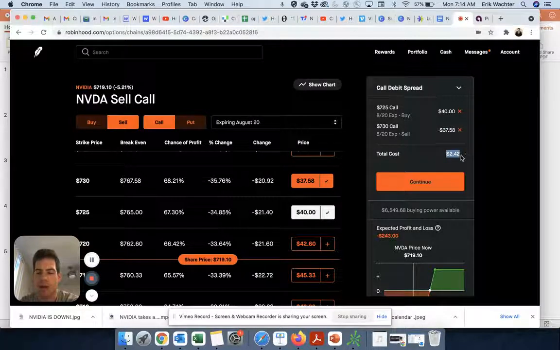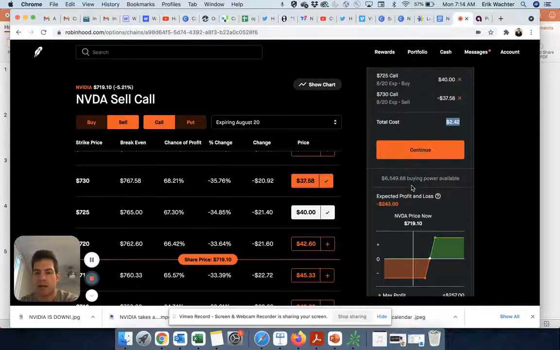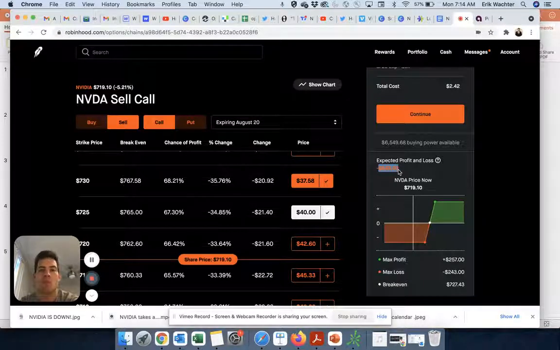That's our total, $2.42 times 100, so $242 is the most money we can lose. Let's look at the expected profit and loss graph. It says 243 for some reason. I'm not sure why, but that's the most money we can lose here. The debit paid is the most money you can lose for a call debit spread.